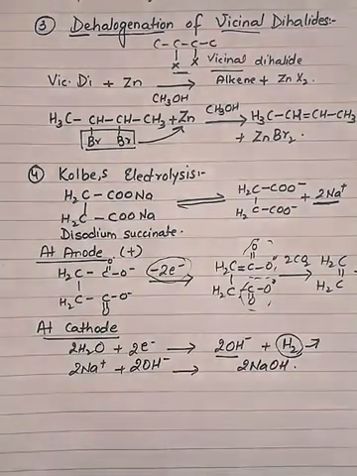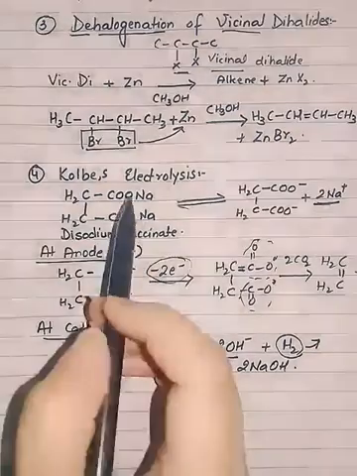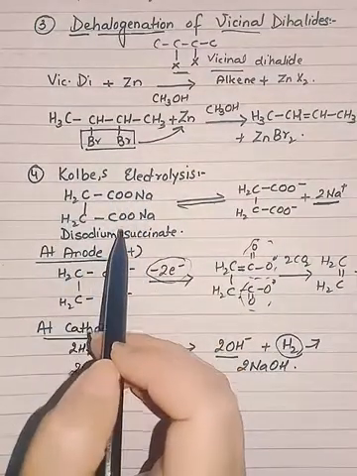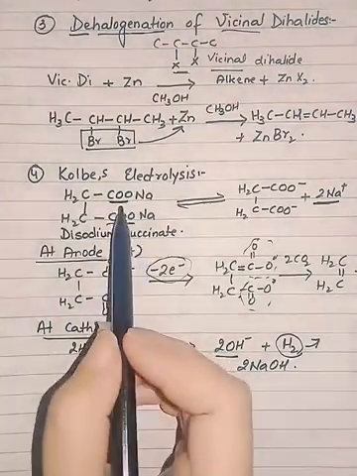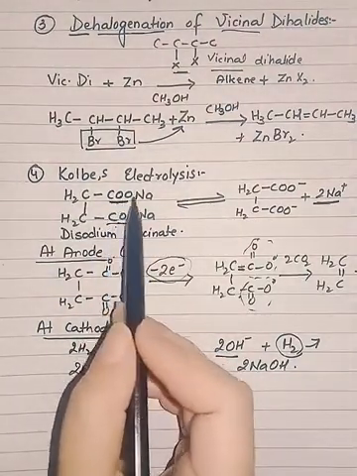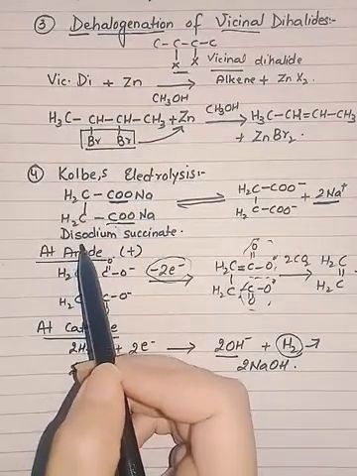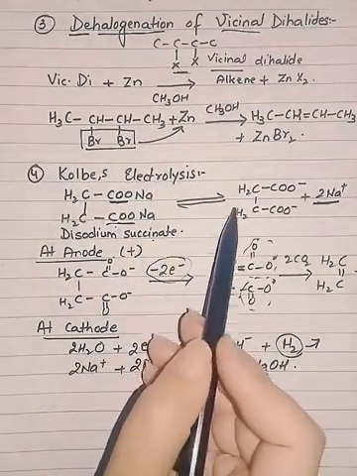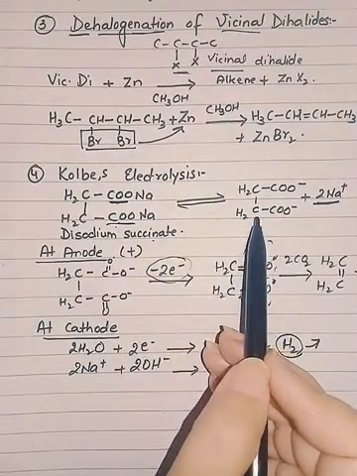So this is basically called Kolbe's electrolysis, in which we use a dicarboxylic salt. Dicarboxylic means two carboxyl groups are present, so we will use a dicarboxylic salt of either sodium or potassium. Here we are using disodium succinate. Initially it will be ionized in the presence of aqueous medium into anions and cations.